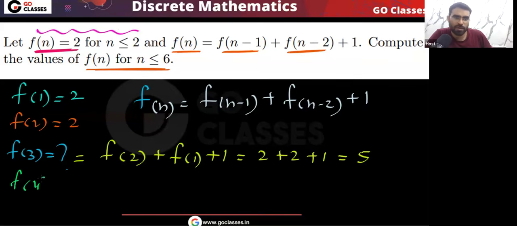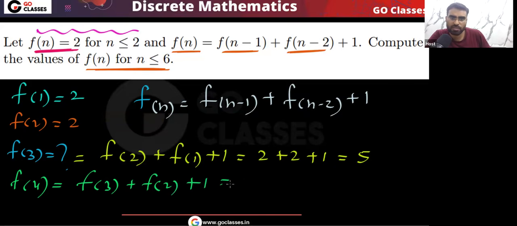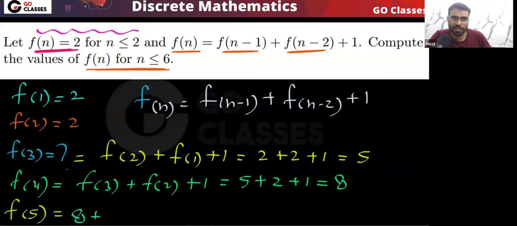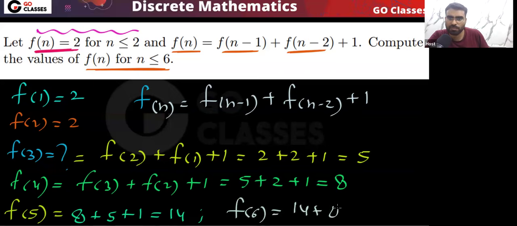What will be f4? f4 will be f3 plus f2 plus 1, that is 5 plus 2 plus 1, that is 8. Similarly, f5 will be 8 plus 5 plus 1, that is 14. And f6 will be 14 plus 8 plus 1, and that value is 23.